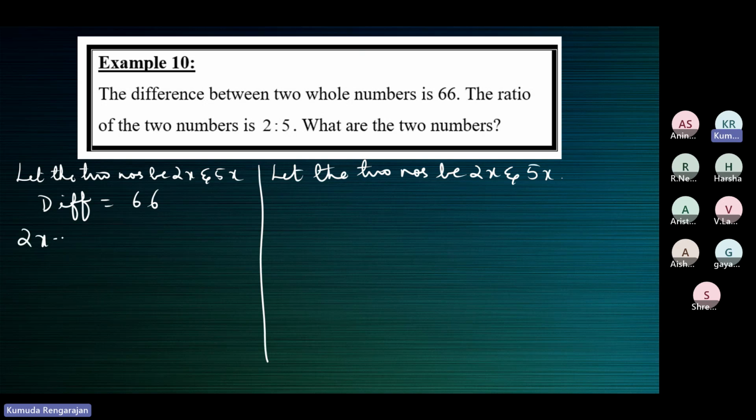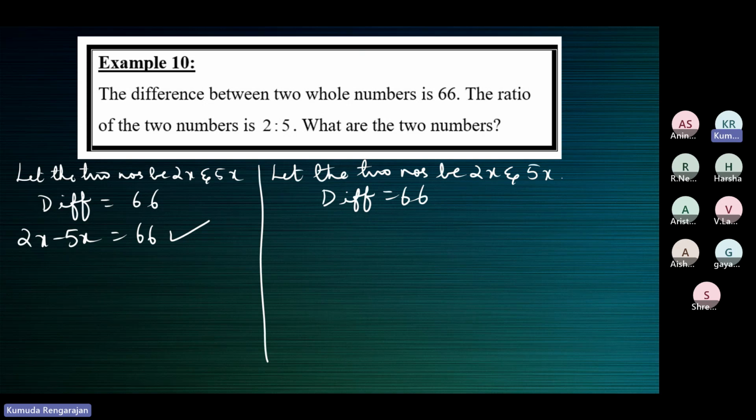So 2x minus 5x is equal to 66. When there are two whole numbers, normally we construct the equation like this, but you'll have to be careful. Here it's given the difference between two whole numbers is 66.